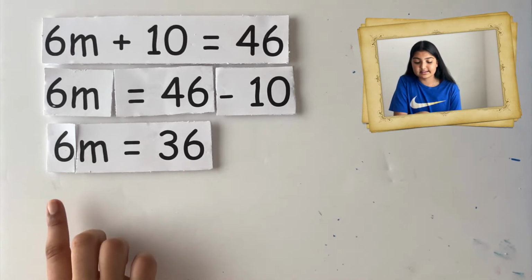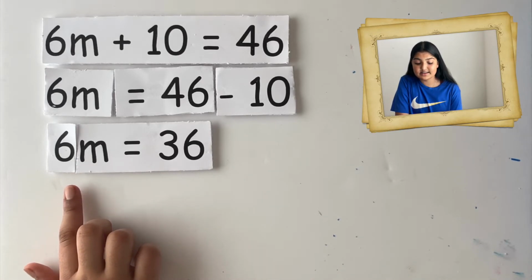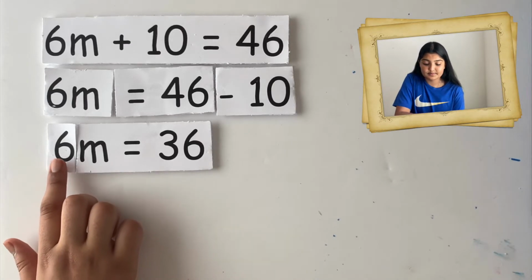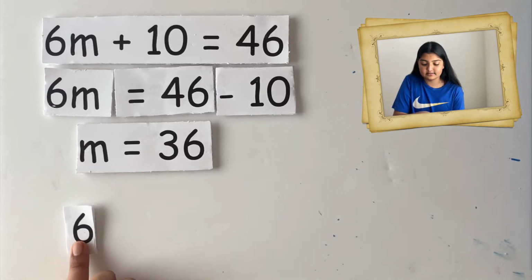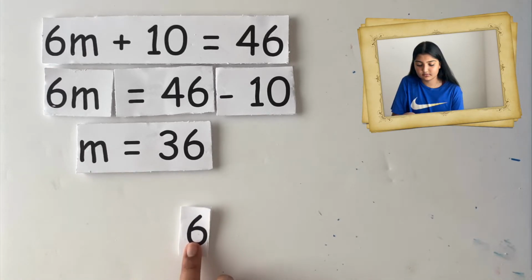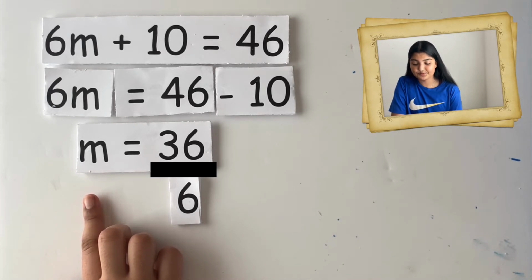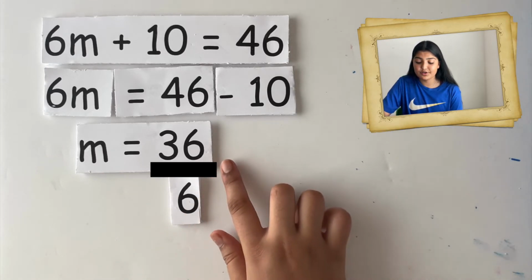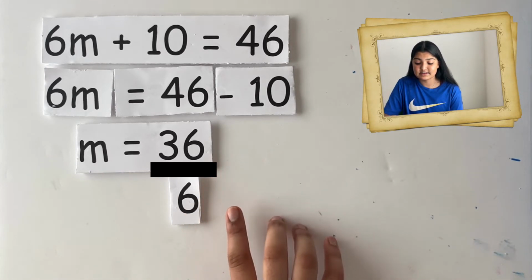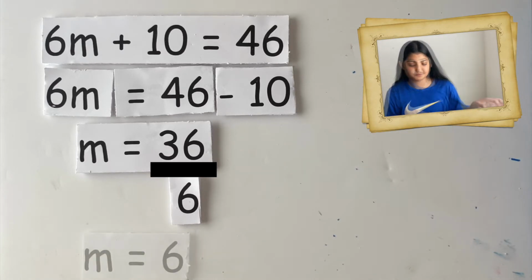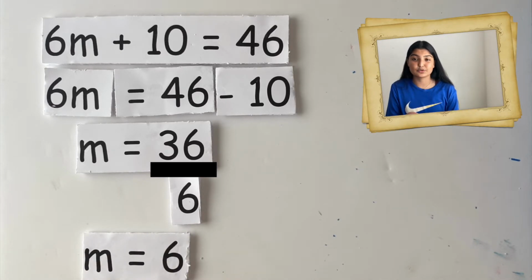Since 6 is multiplied into m, if we take it on this side, it'll be divided. So m is equal to 36 divided by 6, or m is equal to 6.